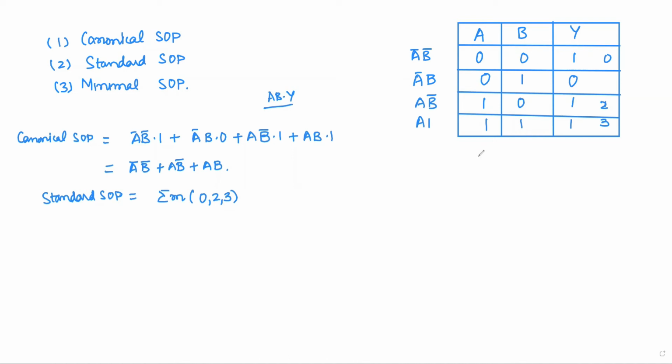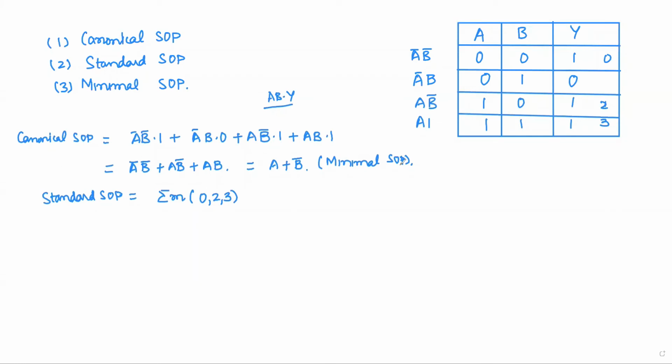Okay. And what about the minimal form? If you minimize it, you will get A plus B bar. So this is your minimal SOP. So now whatever we have revised is the entire case for sum of products.